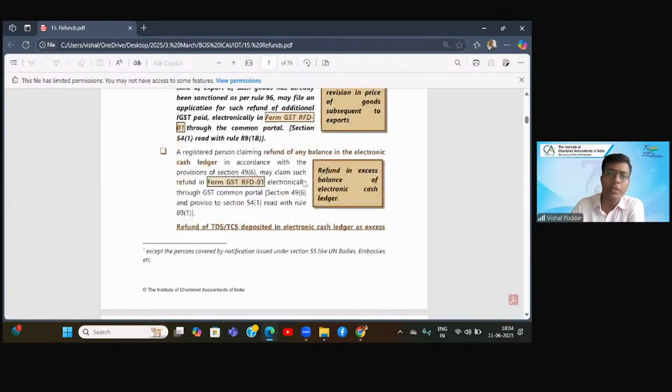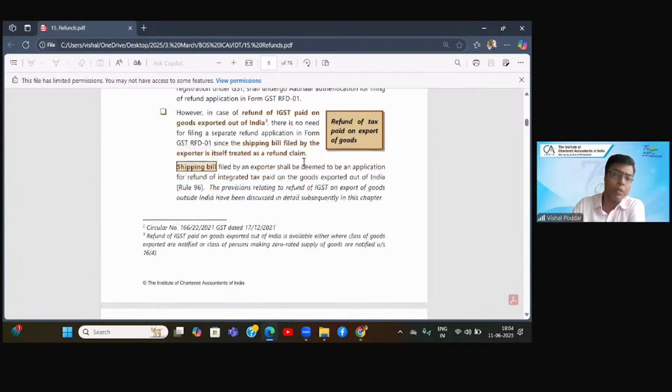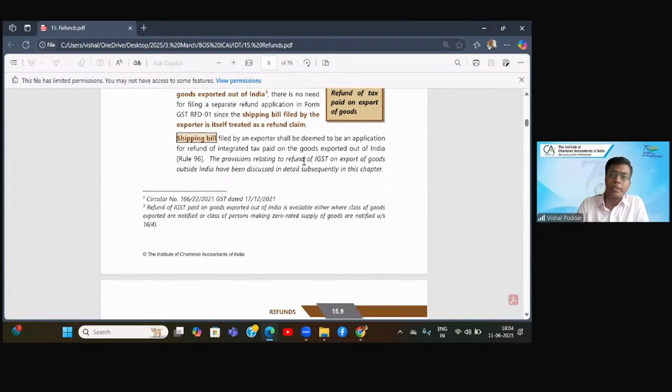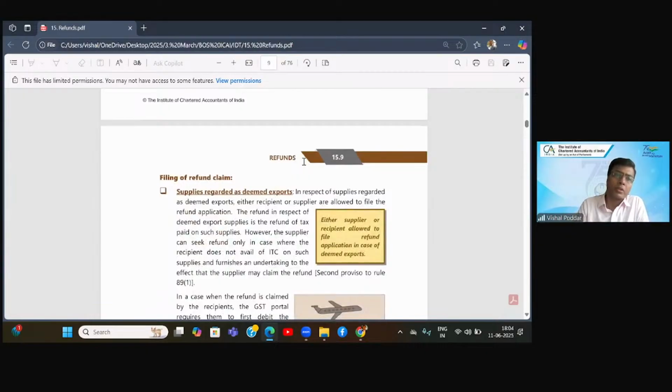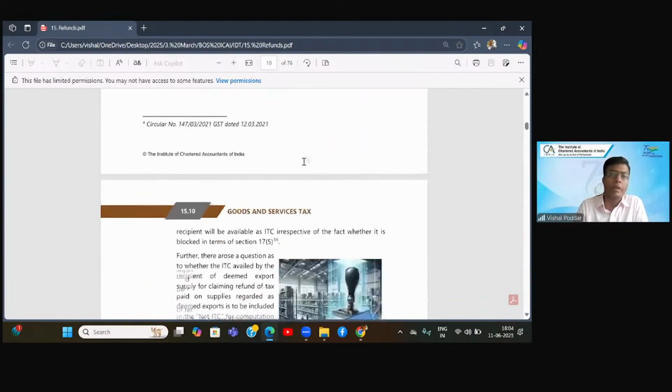That is the only case where an application is not required, because once the exporter files his GSTR 1 and then 3B for that particular month, the data from the GST portal automatically matches with the customs portal, and on the basis of this matching, the refund is automatically credited to your bank account. Otherwise, in all other cases, you have to apply for the refund.